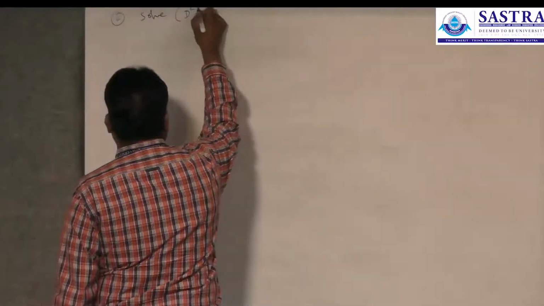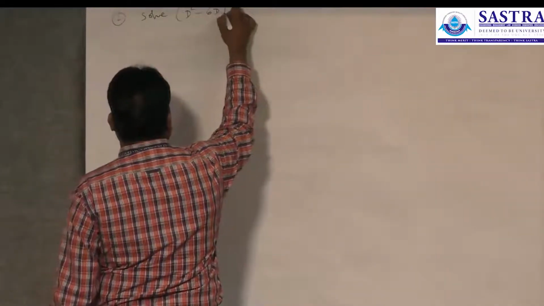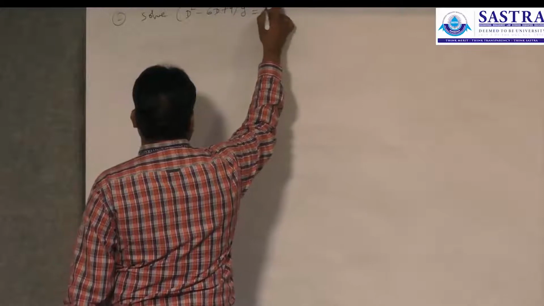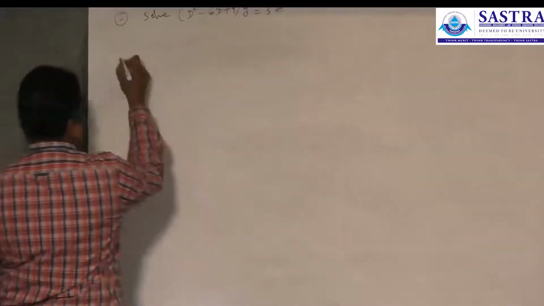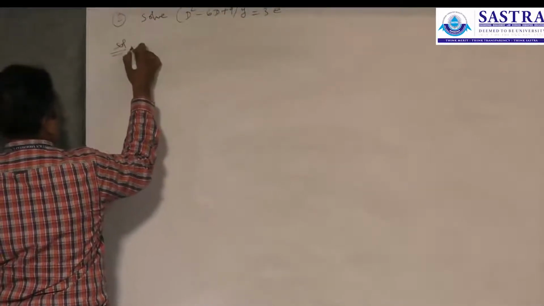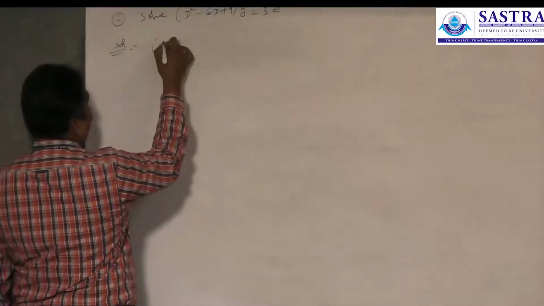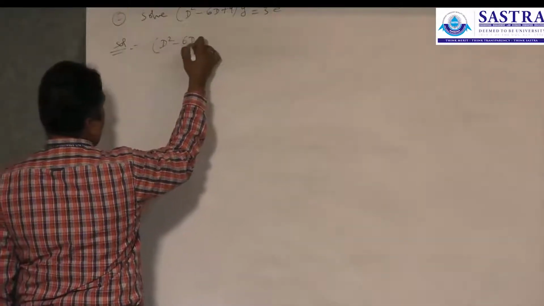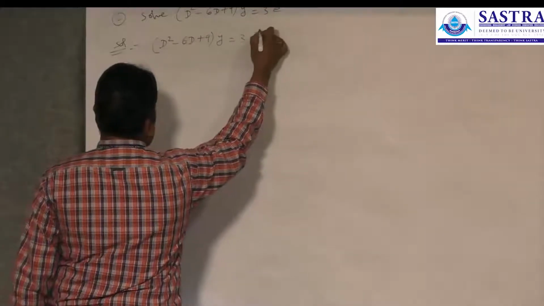Write down the given equation. Given equation is D square minus 6D plus 9 whole thing into y is equal to 3 times e to the power 2x.